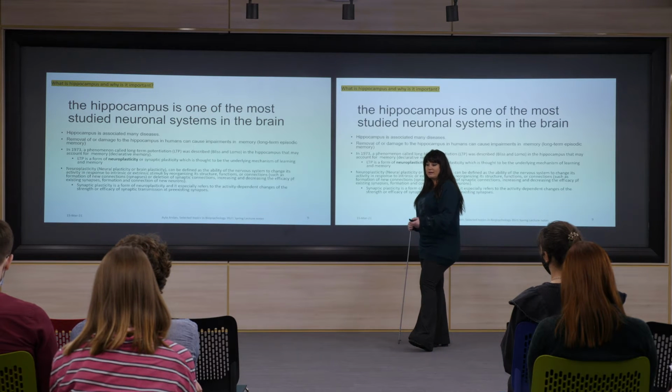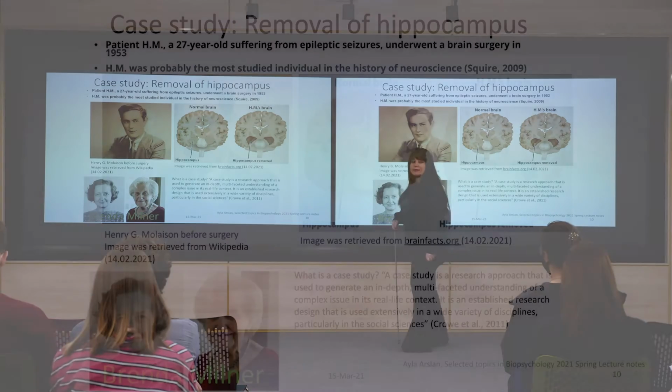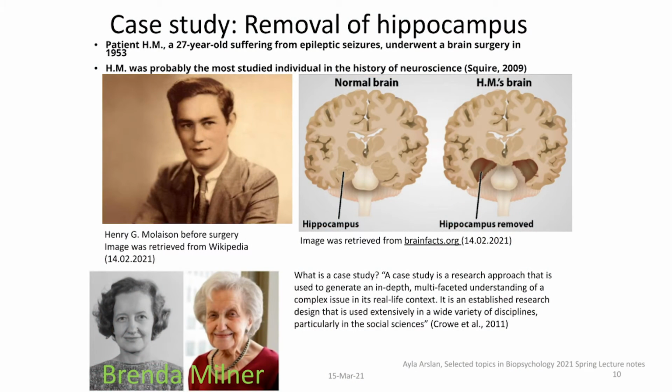As you remember with the case of HM, one of the most famous case studies in the history of neuroscience, the medial temporal lobes were removed, in which the hippocampus is also found.